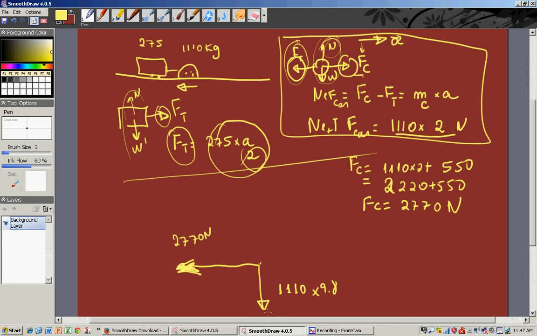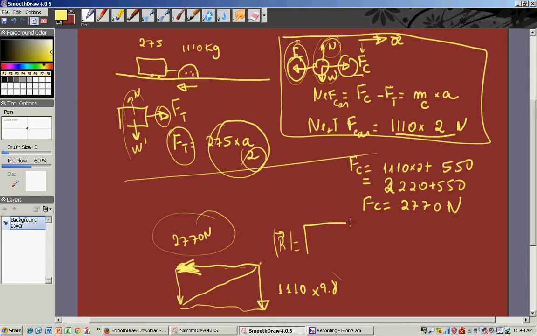So that's the weight. So what is going to be the resultant force exerted by the car on the road? It's going to be this downward force summed with this one.